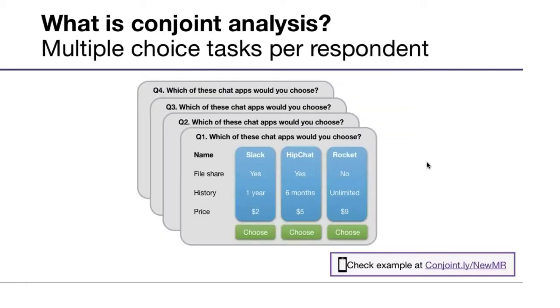We don't do just one question, we do multiple questions, typically about 12 questions per respondent, which are all quite similar. We simply ask to make a choice out of 2, 3, 4, 5 or more options. If you want to see what a conjoint survey looks like to respondents, again, please feel free to follow the link.